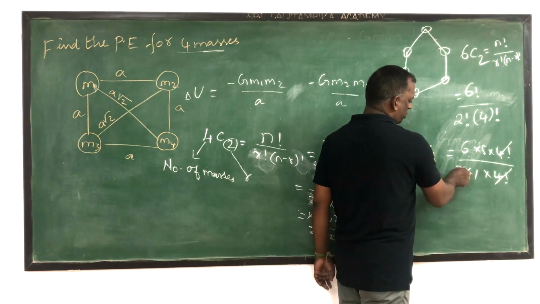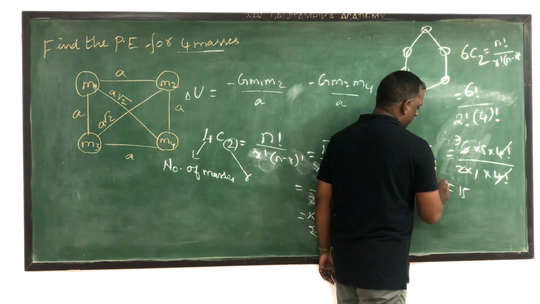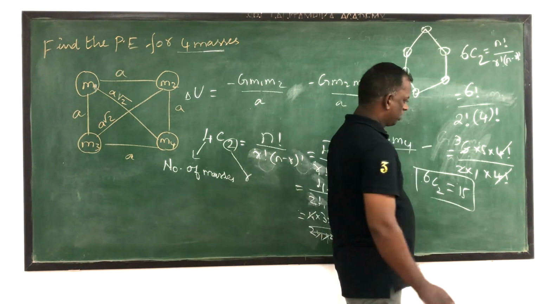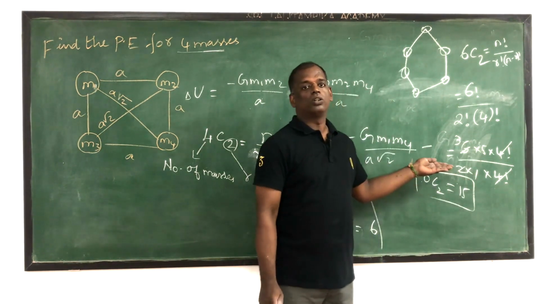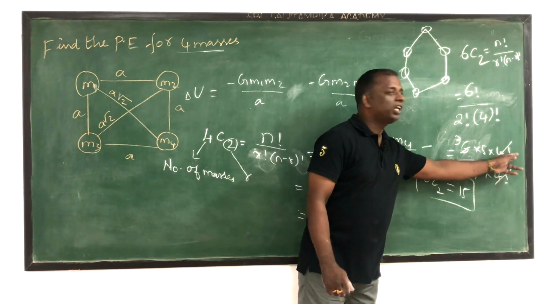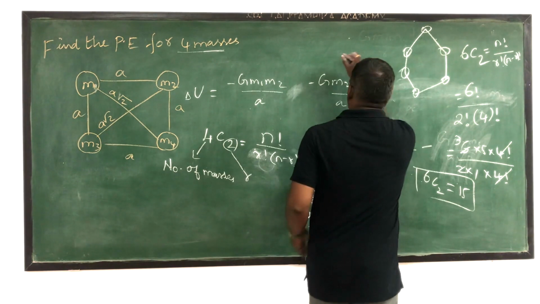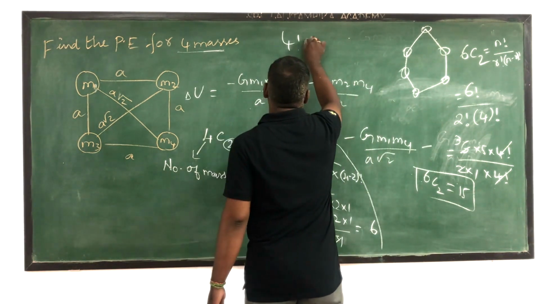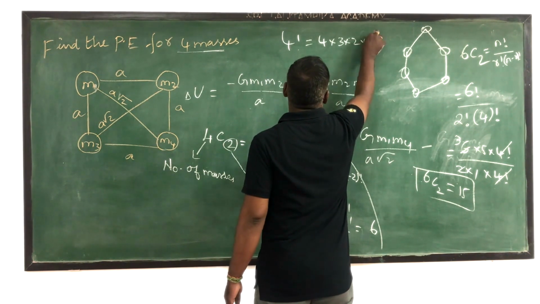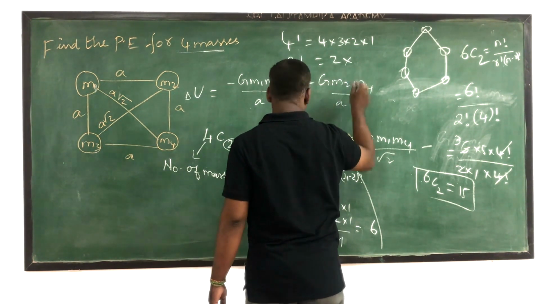So இந்த 2 க்கும் இதுக்கும் 3, so it is 15. உங்களுக்கு இந்த factorial கஷ்டமா இருந்துச்சுனாக்கா 6 into 5 into 4 into 3 into 2 னு சொல்லிட்டு போடலாம். 4 factorial னா ஒண்ணும் இல்ல, 4 into 3 into 2 into 1. Suppose 2 factorial னா 2 into 1.